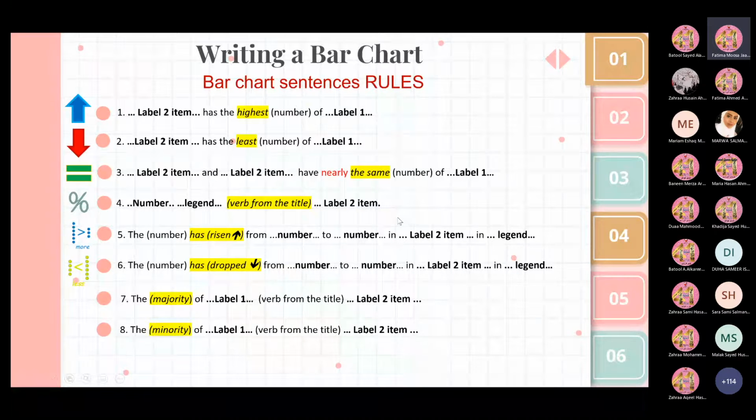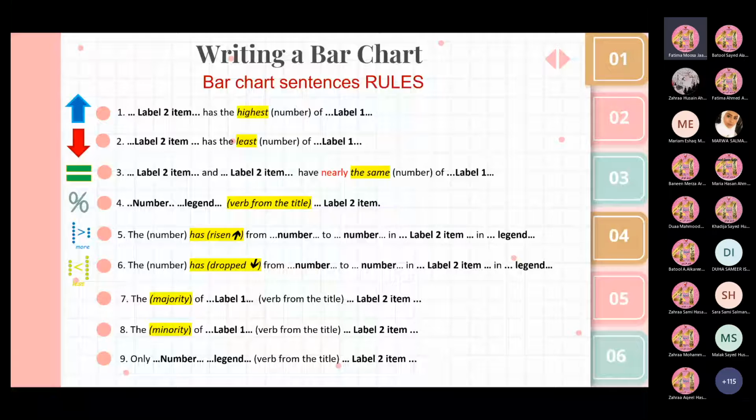And before I finish all things, you can add linking words between the opposite things like the highest and the least, and also the has risen or has dropped, or also in majority and minority. And if you don't have opposite things, you can add linking words like moreover and also in addition.